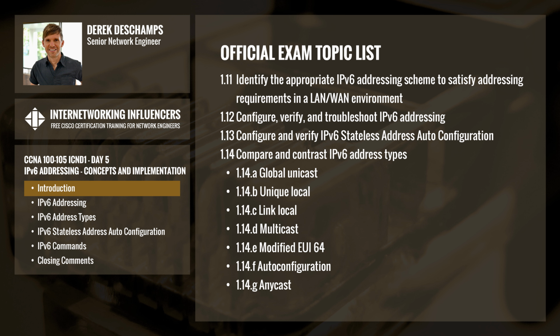Item 1.13, configure and verify IPv6 stateless address auto-configuration. And item 1.14, compare and contrast IPv6 address types, including global unicast, unique local, link local, multicast, modified EUI64, auto-configuration, and anycast.